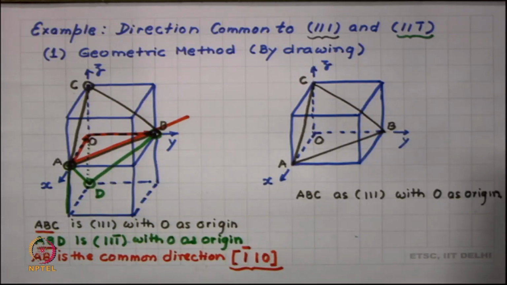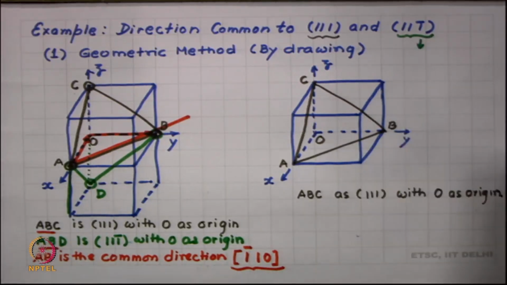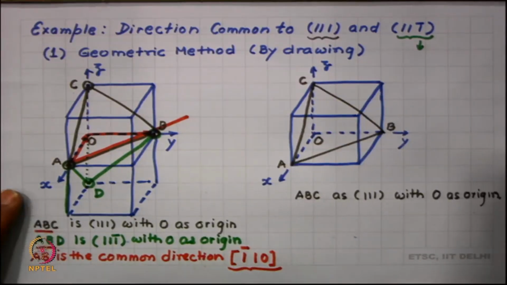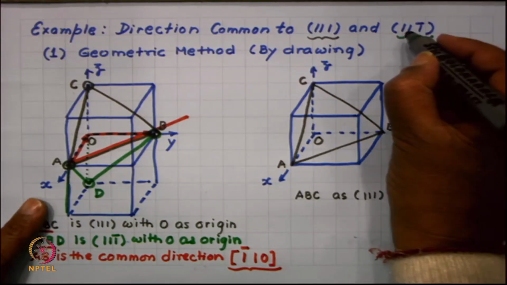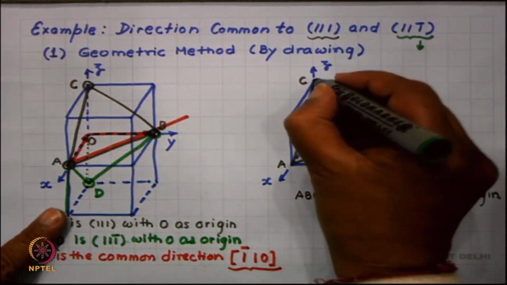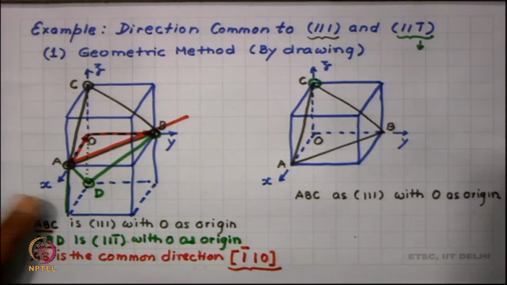So, if I want to keep myself within this unit cell and still be able to draw 1 1 bar 1, what shall I do? Since I have to take a negative step, I have to shift the origin to the top face of the cube, so that I can go in the negative direction and still remain within the unit cell. And I still have to take positive steps along x and y. So, if you think about it, you can convince yourself that C now is the correct choice of origin.